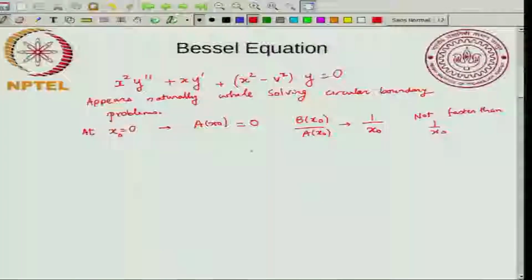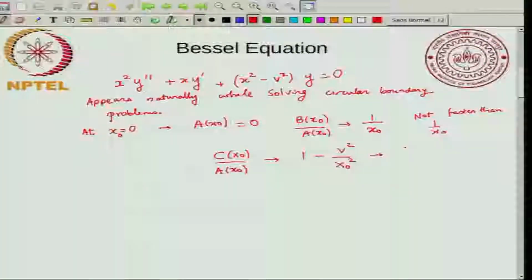Okay. Similarly, you have c of x 0 divided by a of x 0. Okay. So, this goes as 1 minus v square over x 0 square. Okay. Now, the leading term, as x 0 goes to 0, the second term will become very large. Okay.